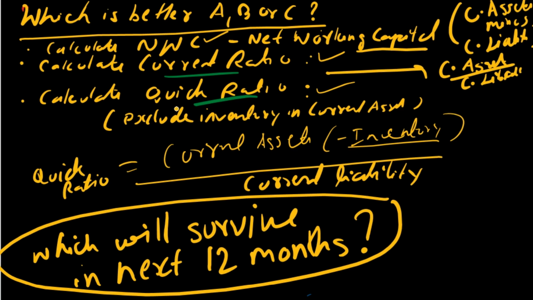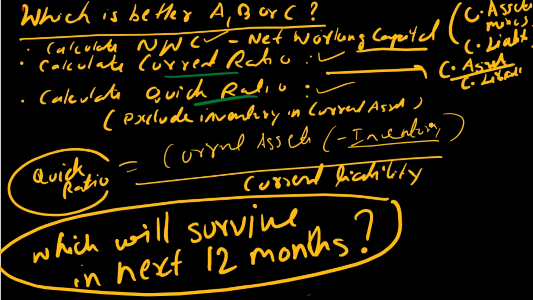And finally, we will use the concept of quick ratio. Quick ratio is just like the current ratio; the only difference is in the numerator, we will reduce inventories from the current assets. Current assets include items like cash and bank balance, accounts receivable or debtors, and inventory.